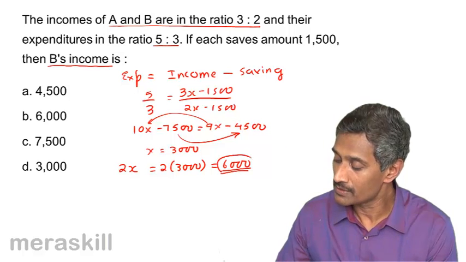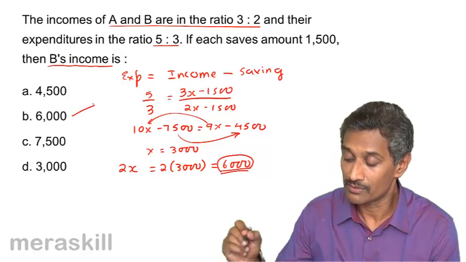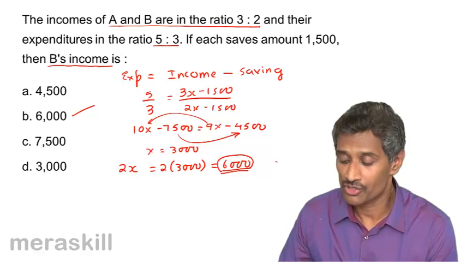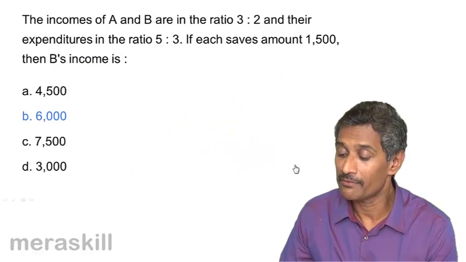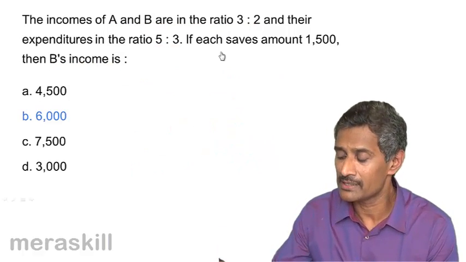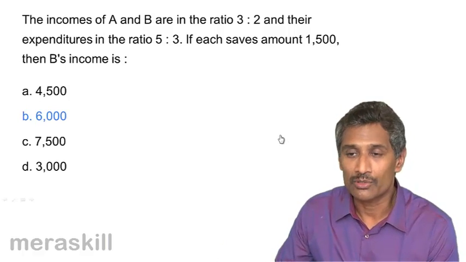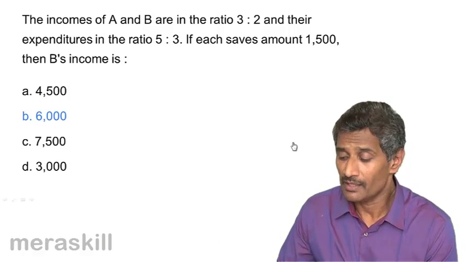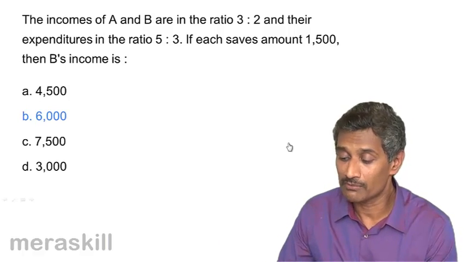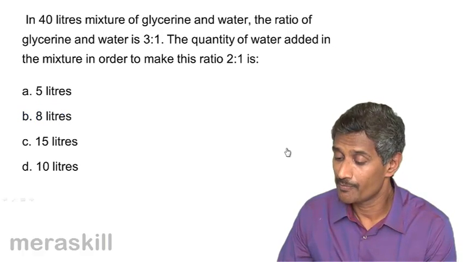So our answer is going to be 6000. That is option B. Let's check. And yes, we do have B's income as 6000. In this case, we need to do actual calculations. Let's see what the next problem has in store for us.